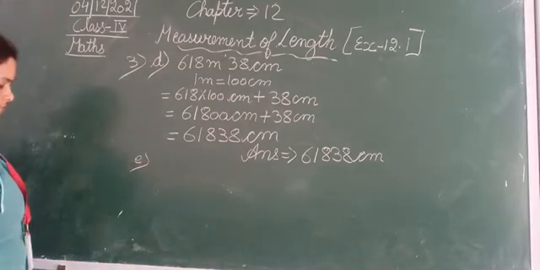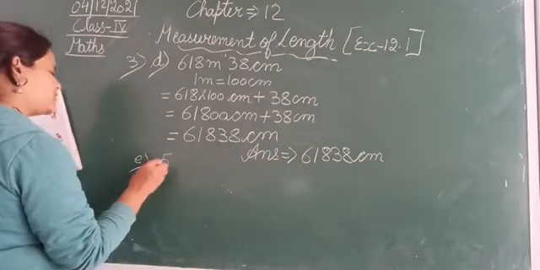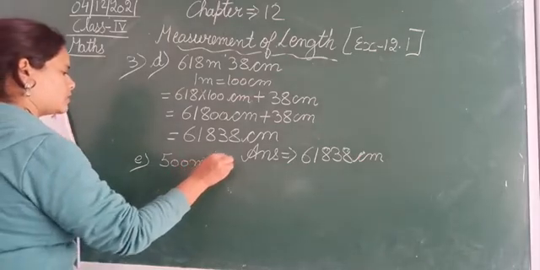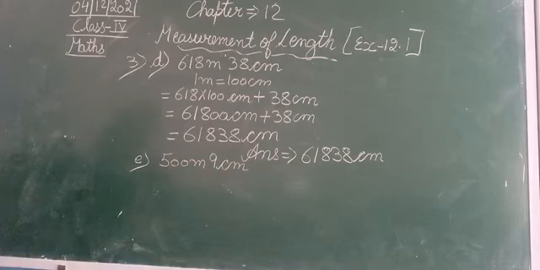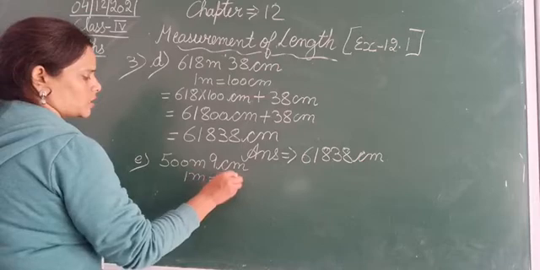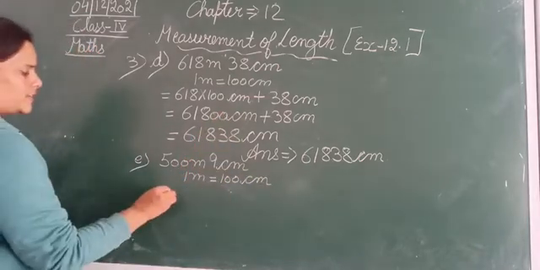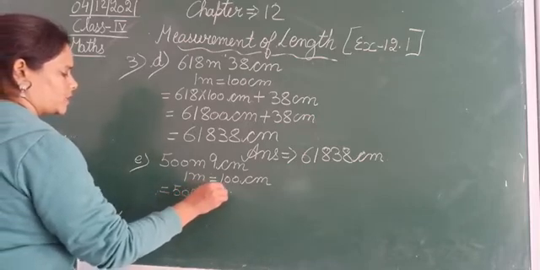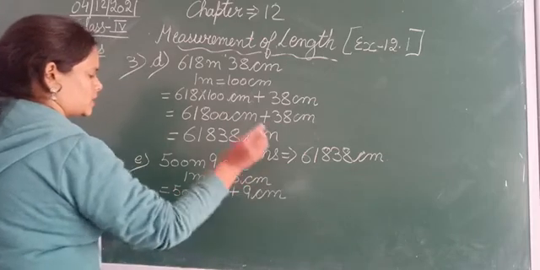Moving to the E part, that is 500 meter 9 centimeter. Now 1 meter is equal to 100 centimeter. So 500 meter will be converted into centimeter by multiplying it with 100, plus 9 is already in centimeter.